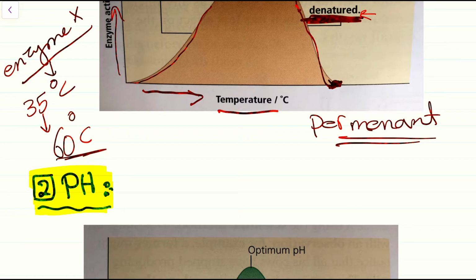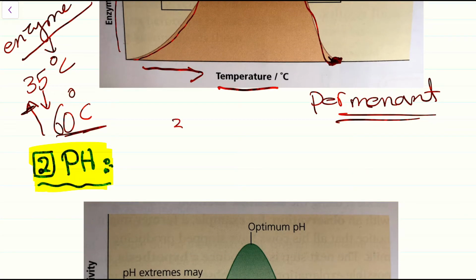If we take the temperature back to 35, even after going back to 35 degrees, the enzyme cannot work at all. Why? Because of the deformity of the active site, the complete denaturation, the complete stoppage of the whole activity of the enzyme.